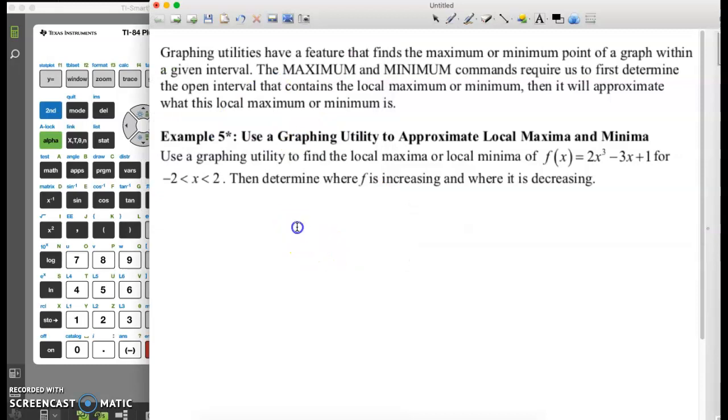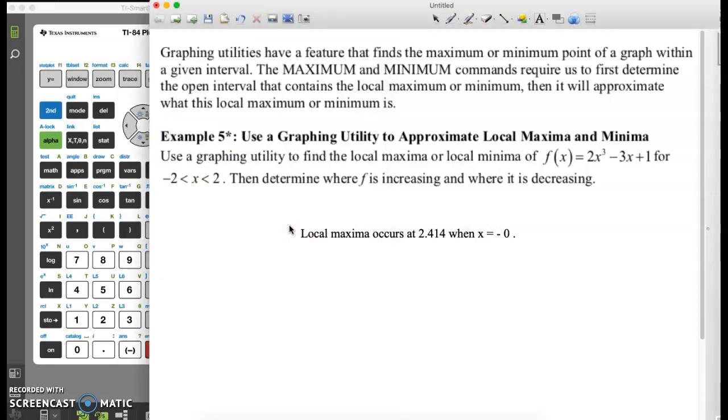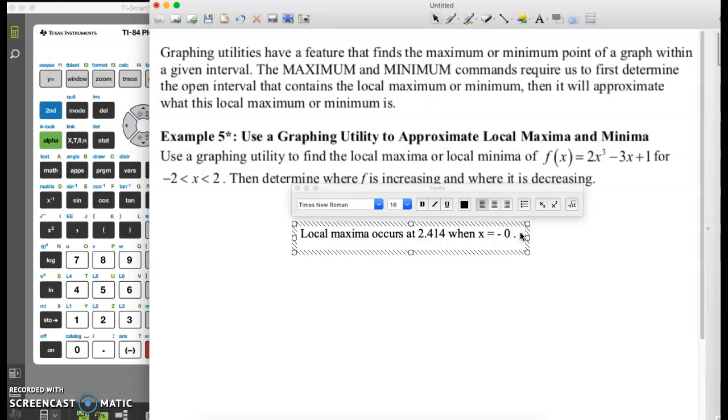Okay, so we can go ahead and say that the local maxima occurs at the value of 2.414 when the x value was at negative 0.707.